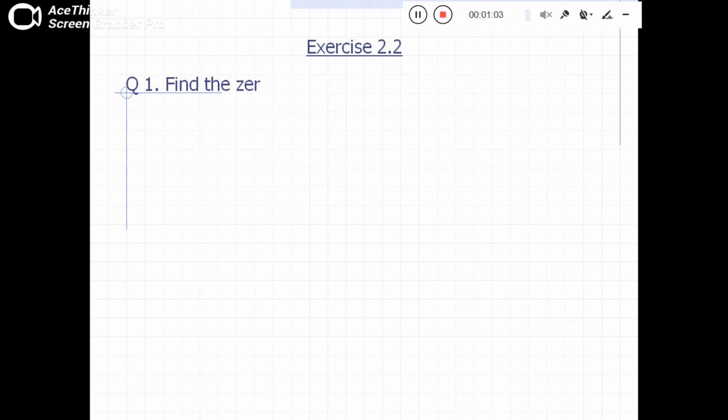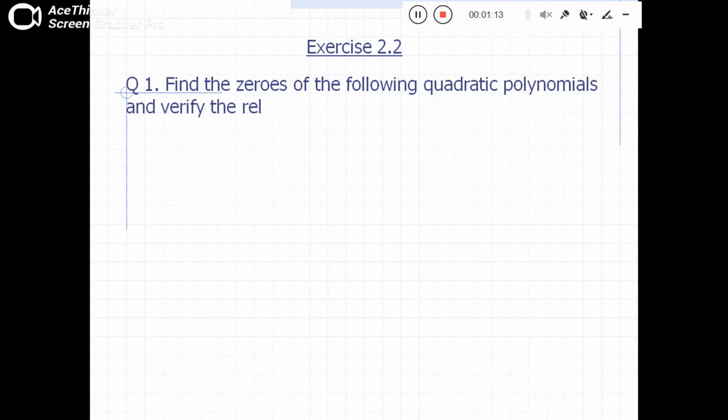Question number 1 is, find the zeros of the following quadratic polynomials and verify the relationship between the zeros and the coefficients of the polynomial.